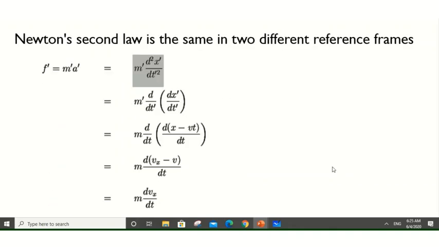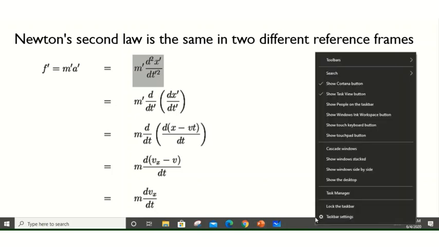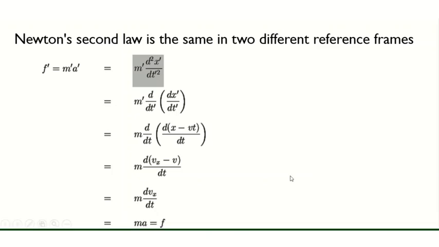So let us check whether Newton's second law is the same in two different reference frames. For that we put one observer in the unprimed frame S, and the other in the primed frame S dash, moving with the velocity. Relative to the S frame, we are considering Newton's second law, or we are checking whether force is invariant under two different reference frames.